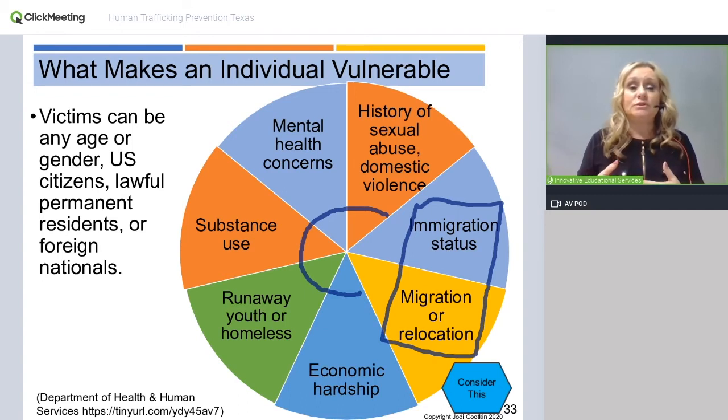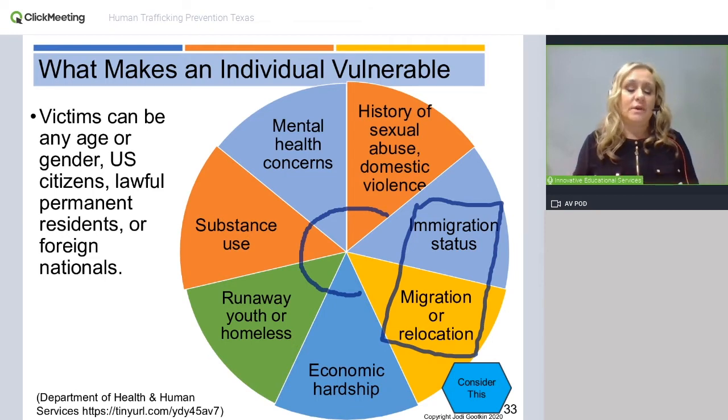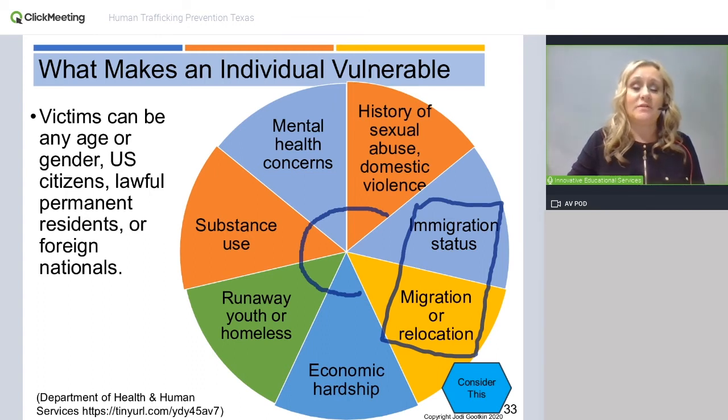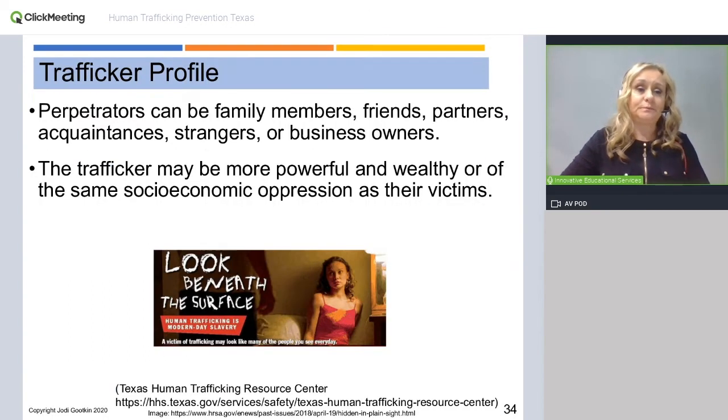And individuals who are adults who have lost everything in the disaster, that appeal from the trafficker of a better life, or if they have economic hardship rising up, or just being removed from whatever their challenging current situation is, seems very appealing to them. And the trafficker leverages that to pull them into the trafficking situation.